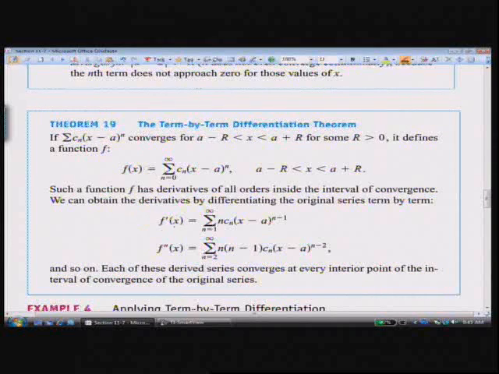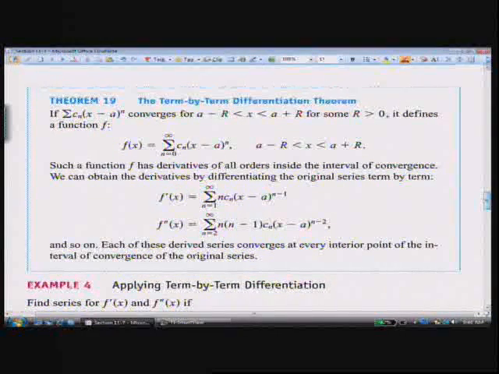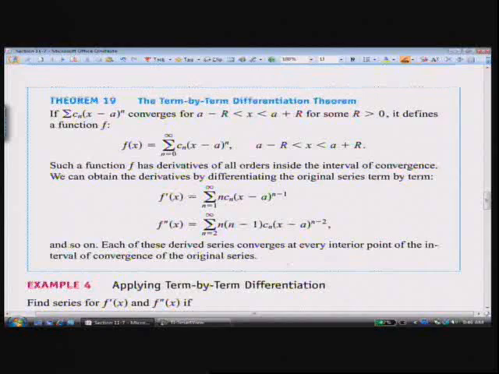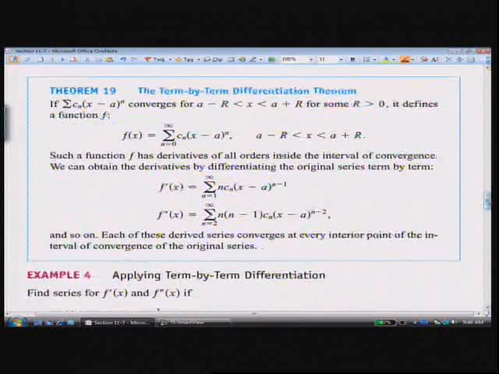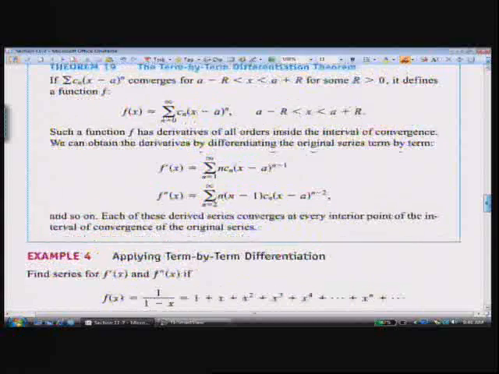And so you can take the derivative of the function term by term, just n x to the n minus 1. Each piece takes the derivative. And in the same logic, the second derivative, same kind of thing happens. So each of these derived series converges at every interior point of the interval of convergence of the original series. So you'll see why this is cool in just a minute.